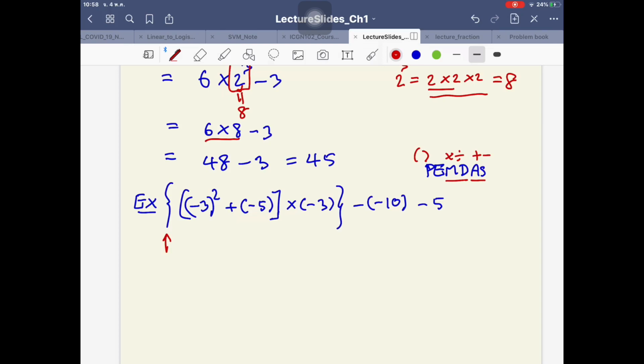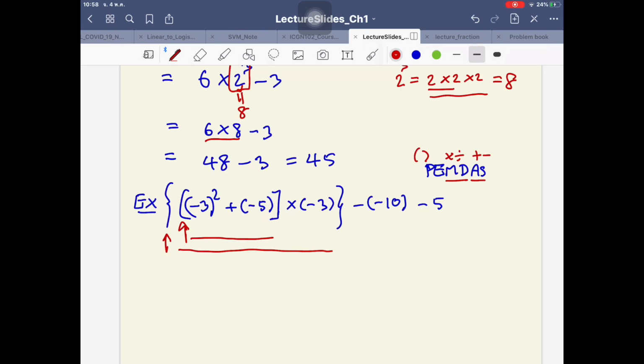So here you need to do calculation inside these curly braces. And then you also find the square bracket again. So here you need to do the calculation for the term inside this square bracket.